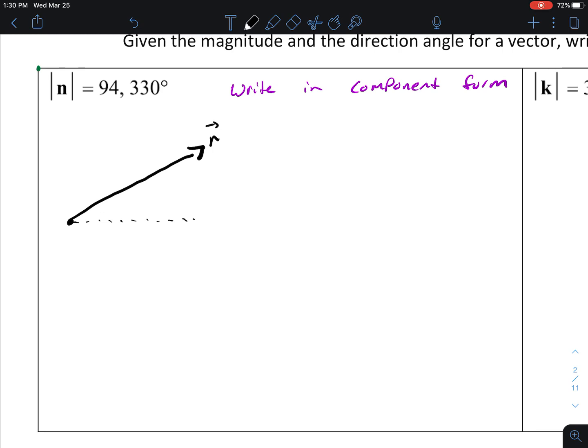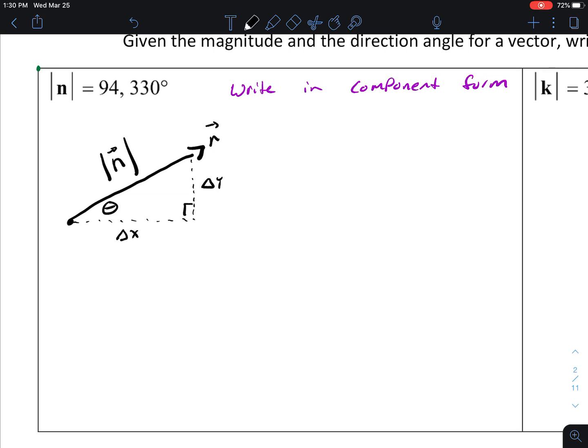And I know its angle is 330 degrees, but I'm going to make a general example here. So here's my vector with my magnitude, and I have its direction angle here. And I'm going to come back here to make this right triangle. Now, we know that this is supposed to be the change in x, and this is supposed to be the change in y.